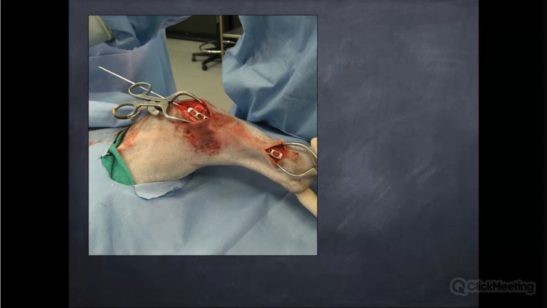Tibia, as already said, is a nice segment to start with. So we can perform this small proximal approach, not that small, but we don't have to make the smallest approach in the world, okay? Just as much as is needed.